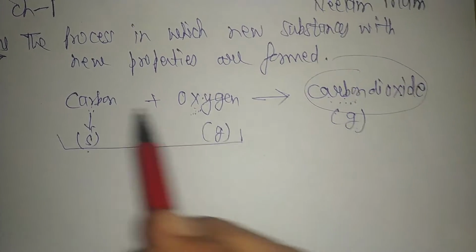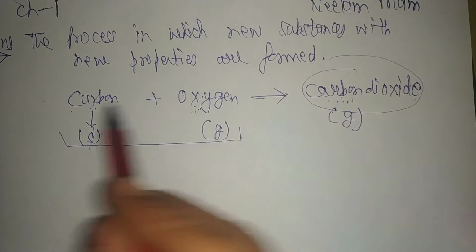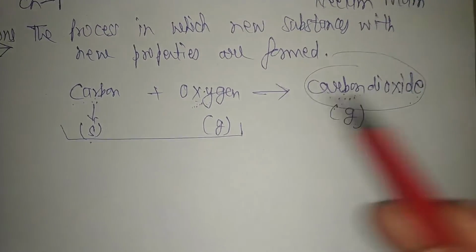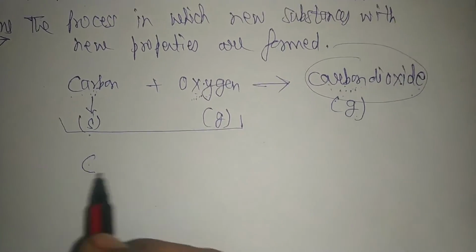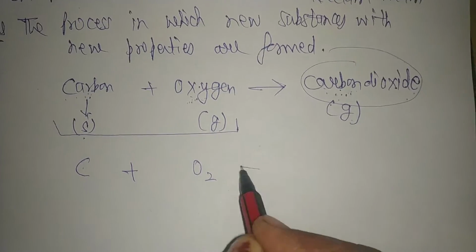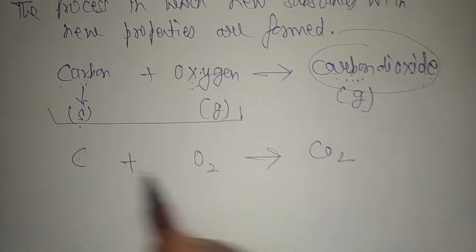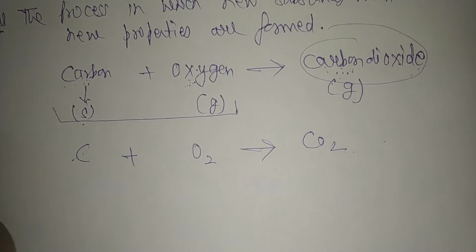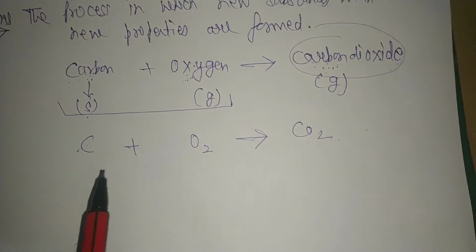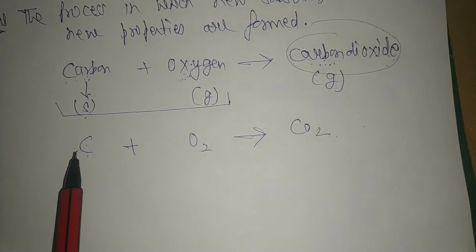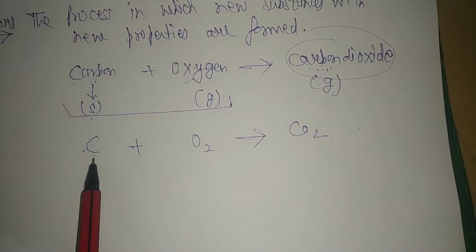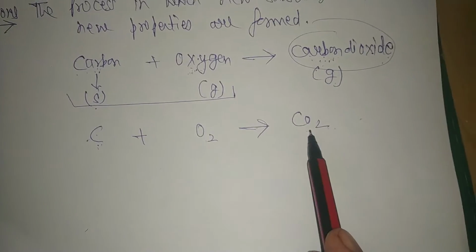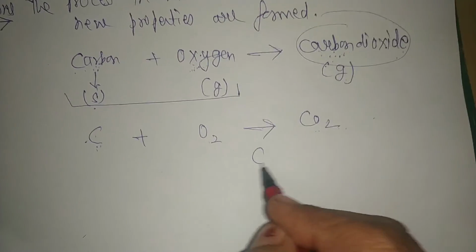On the left hand side, this is called a chemical equation. This is called a chemical reaction. And when I write it in the form of symbols, then it becomes a chemical equation. Means a chemical reaction, when it is written in the form of formulas or symbols, becomes a chemical equation.